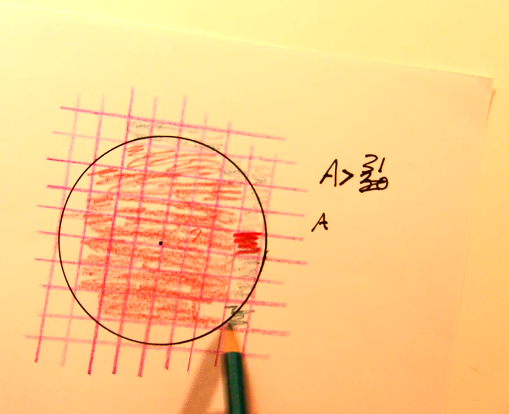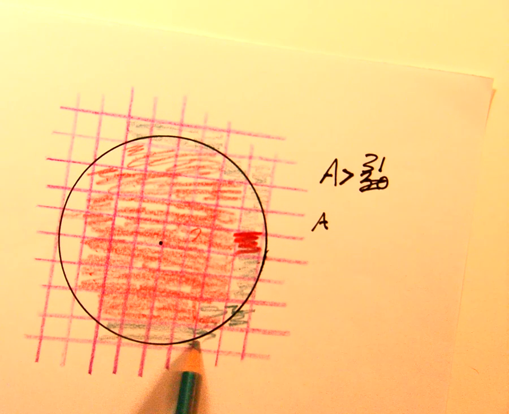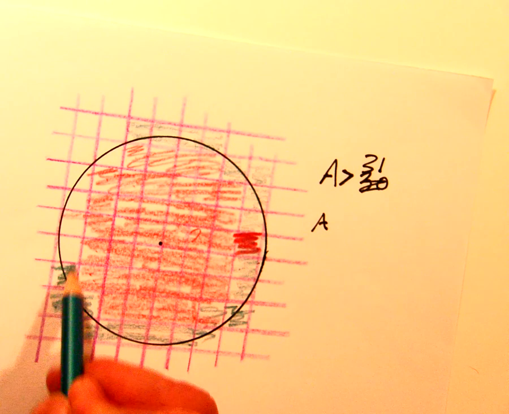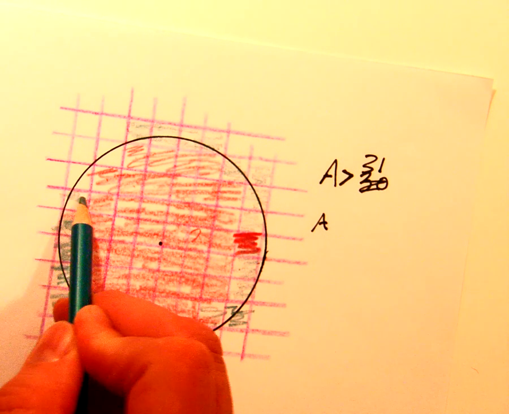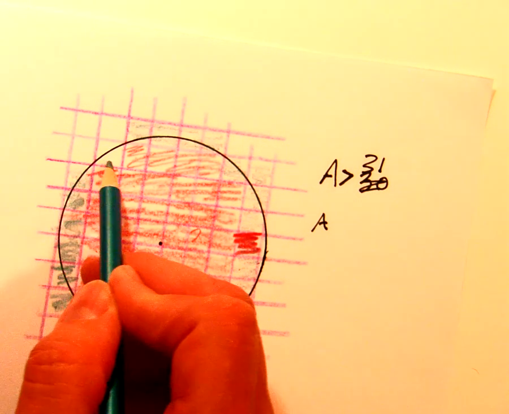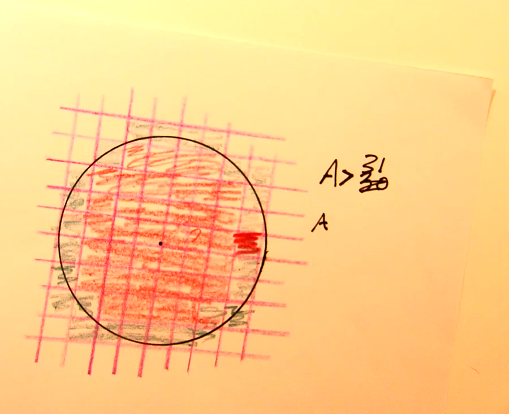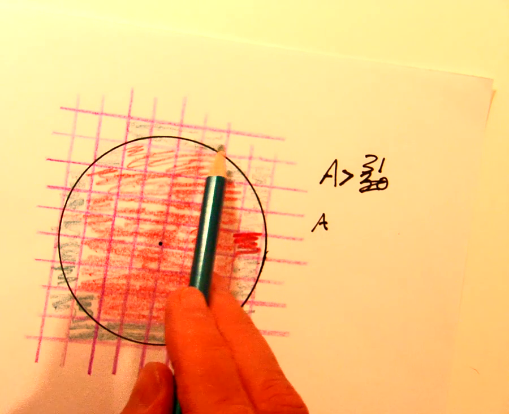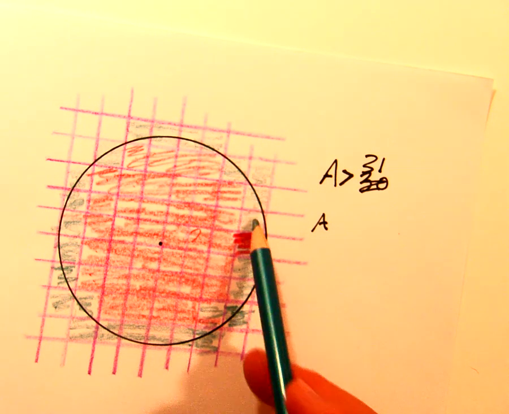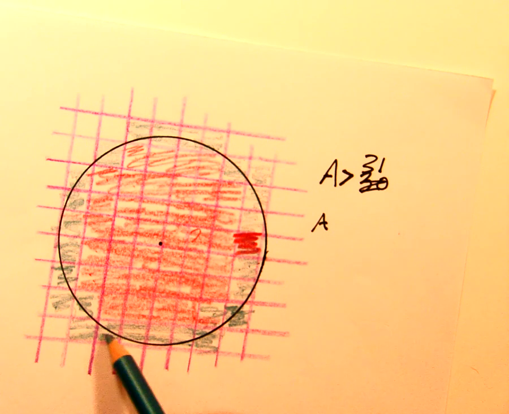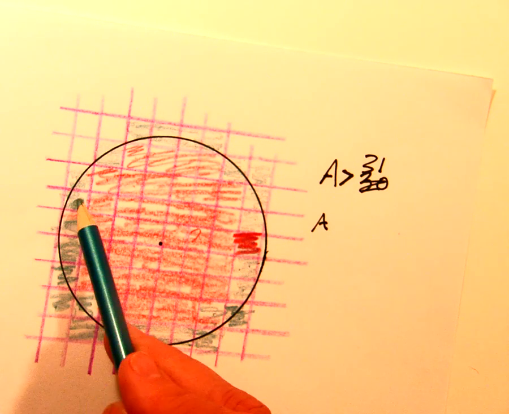So this one, all of these. So what I'm doing here is I'm coloring in the squares that have some portion of the circle in it. So that was my 31, 35, 36, 37, 38, 39, 40, 41, 42, 43, 44, 45, 46, 47, 48, 49, 50, 1, 2, 3, 4, 5, 6.